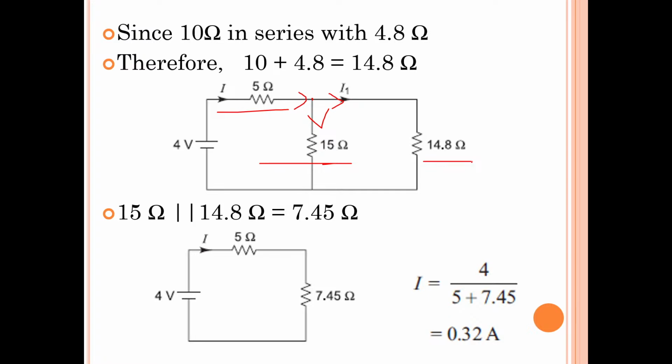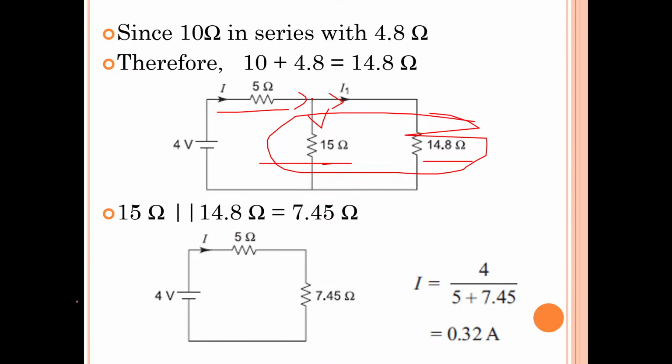Can anyone mention? I don't know if anyone is carefully listening to this class or not. There are no responses at all. So 15 ohms and 14.8 ohms, how are they connected? They are connected in parallel.